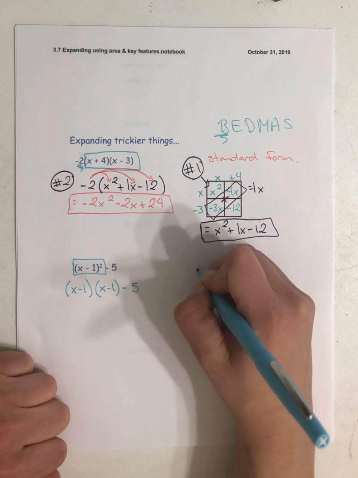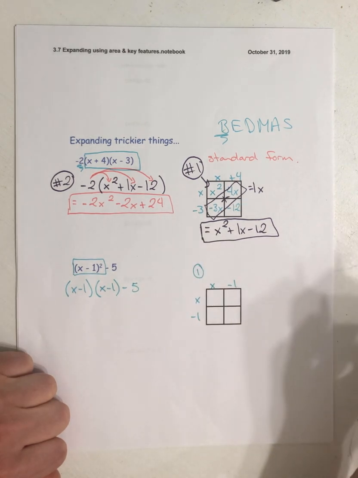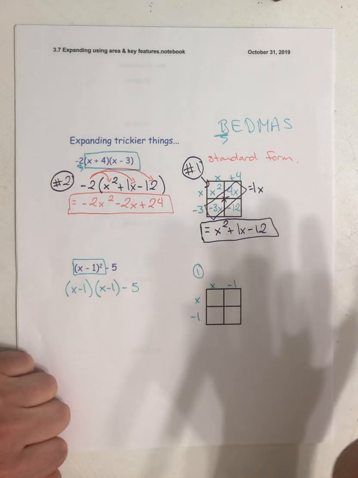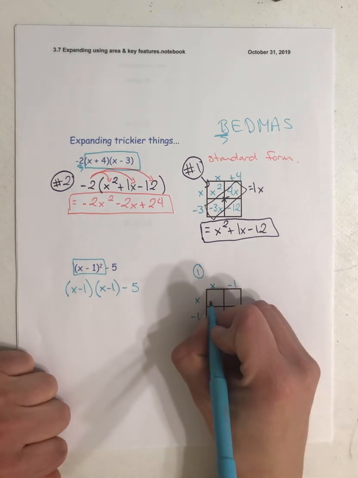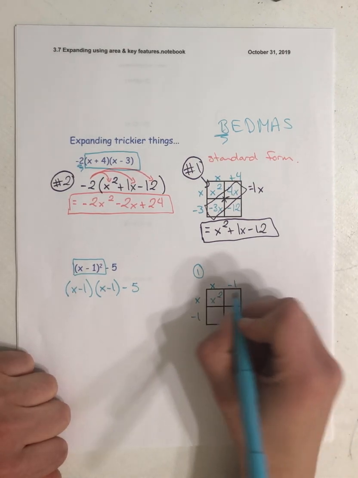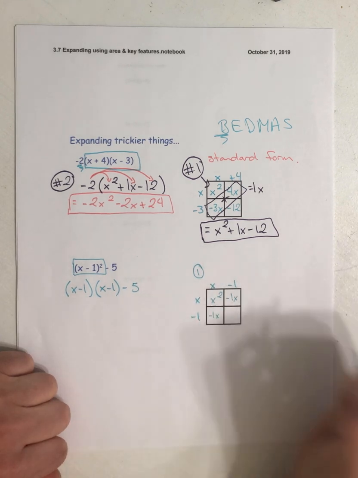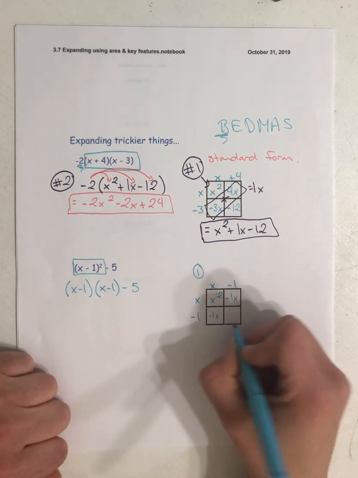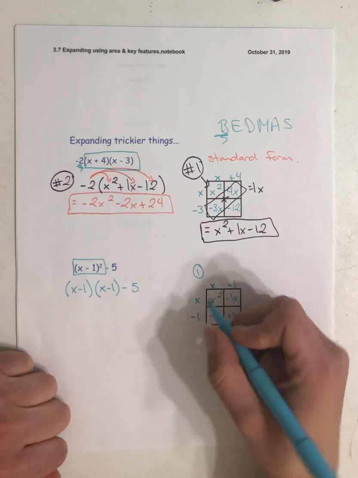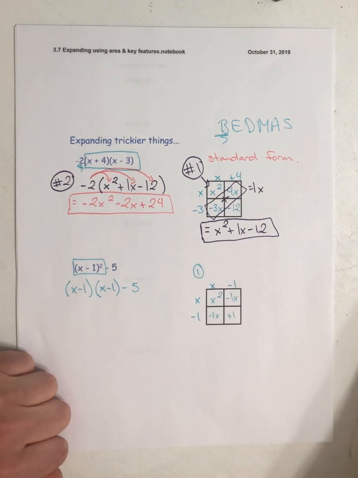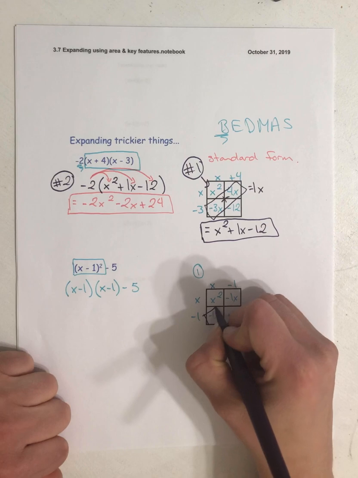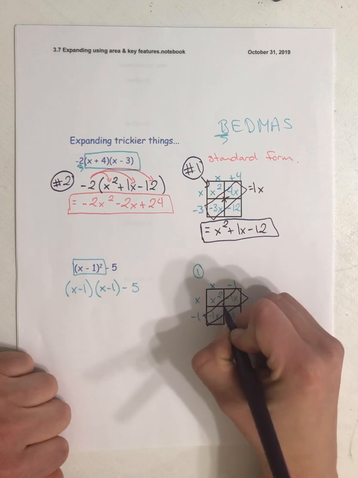So this is our first step. Well, I guess writing that would be our first step, but you know what I mean. And x times x is x squared. X times negative 1 is negative 1x. And negative 1x. And negative 1 times negative 1 is positive 1. We take our 2 and we add them together.